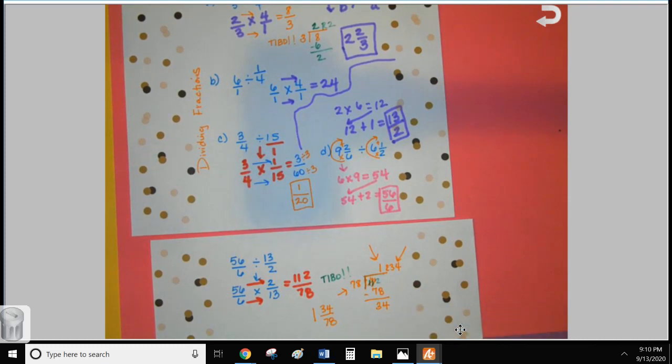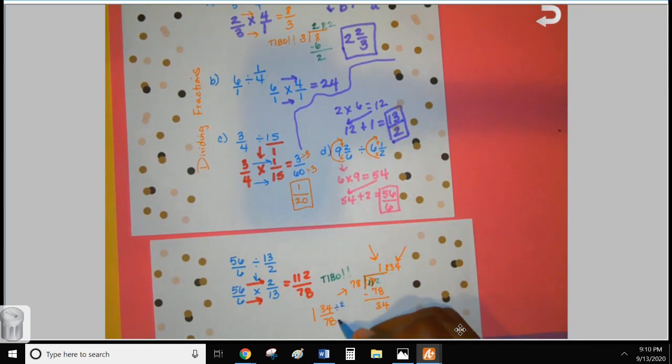And I think that 78 can definitely be simplified. I'm looking at 34 and I'm looking at 78. I know they can both be evenly divided by 2. So let's simplify those by 2. How do I know that? Because my divisibility rules tell me that if I look in the ones place and it ends in a 0, 2, 4, 6, or 8, it can be evenly divided by 2.